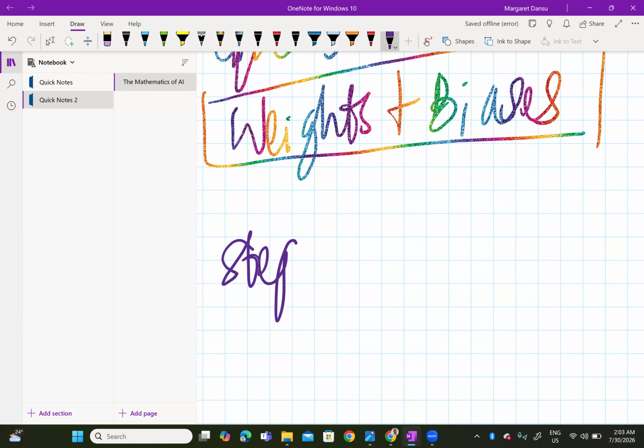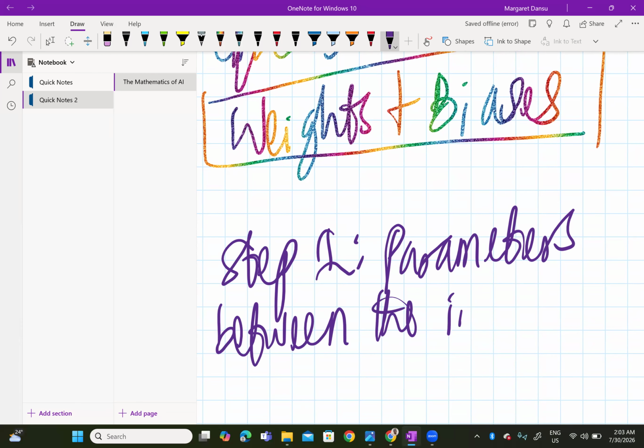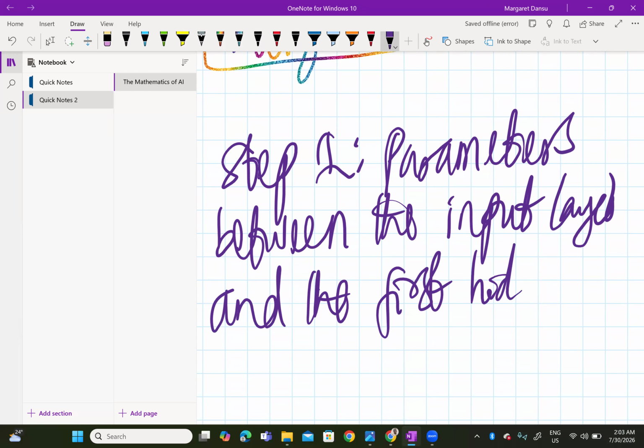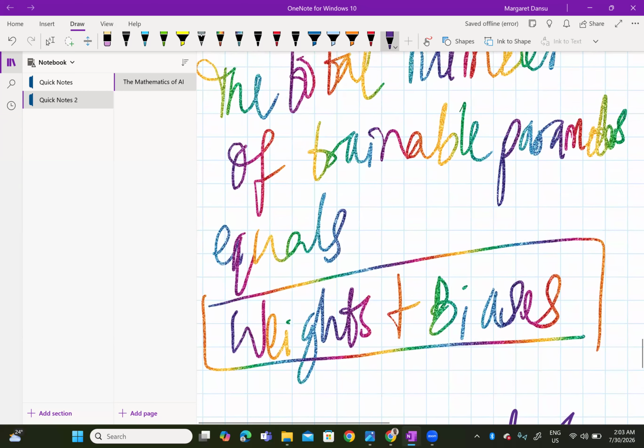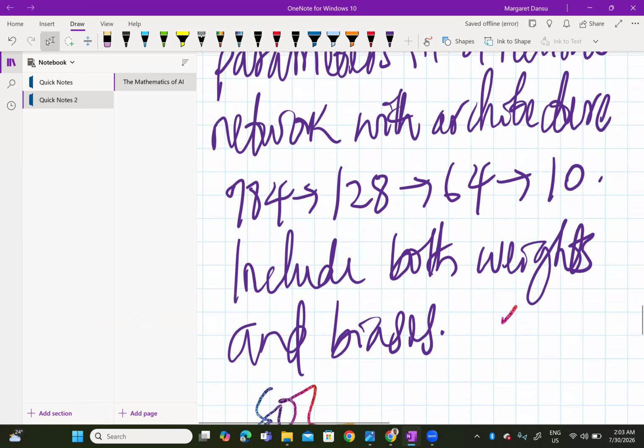Now in step one, we talk about parameters between the input layer and the first hidden layer. By now, we have normalized the idea that in artificial neural networks at this level, the first thing you have is the input layer.